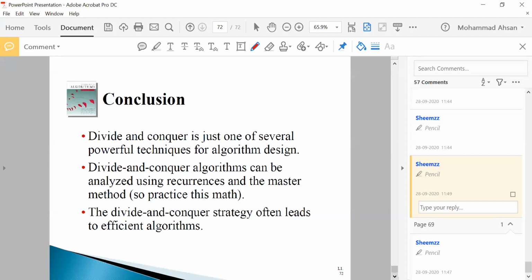You do divide your problem into sub-problems, and obviously when you write a problem in terms of itself, it will be recursion. But depending on how we are doing the calculations, it is not always divide and conquer. It is given different names. The next algorithm that we will study is dynamic programming, which is similar to divide and conquer, but it is not divide and conquer. So we'll see why and how.